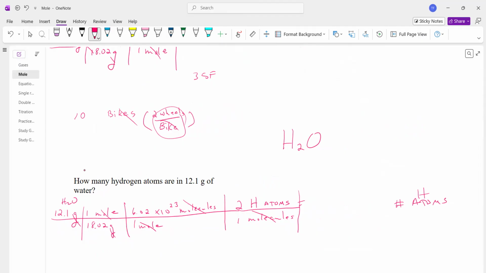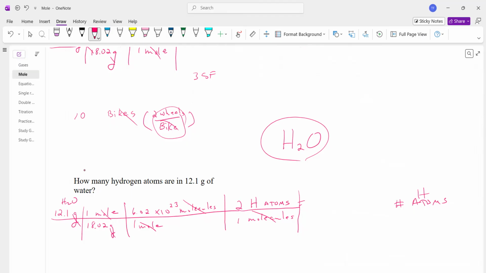If you look at the formula, you've got to look at the formula here. If you don't know the formula for the molecule, you can't do this problem. That 6.02 times 10 to the 23rd, that's how we're calculating molecules.